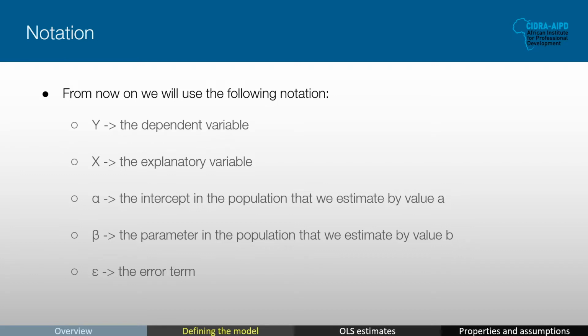When we refer to the factor that we estimate, we're going to be calling them A and B. Finally, the model is made up of an error term epsilon that, as we discussed earlier, is going to be including mainly noise or in some cases other variables that we have forgotten to include. We are not going to be estimating this epsilon as we're going to assume that it's beyond the scope of this model.